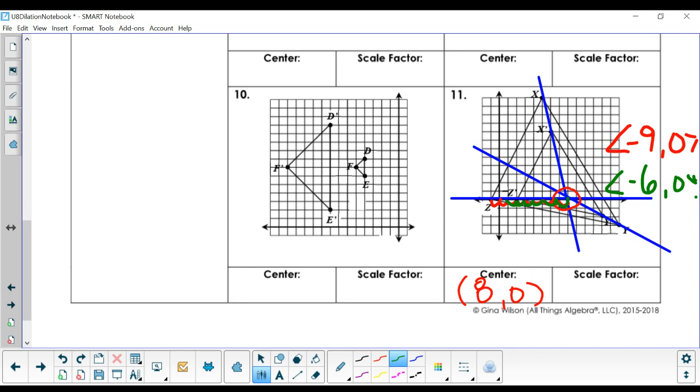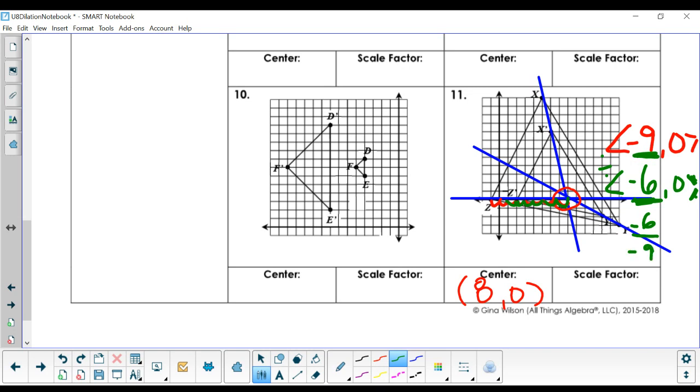So 0 over 0 is just going to be 0. So we're going to want to use this number right here and this number right here in order to find our scale factor. So I'm going to take this number, -6, and I'm going to divide by this number right here, -9.